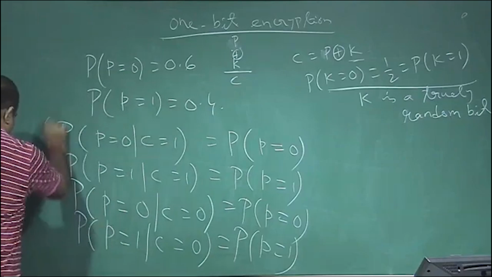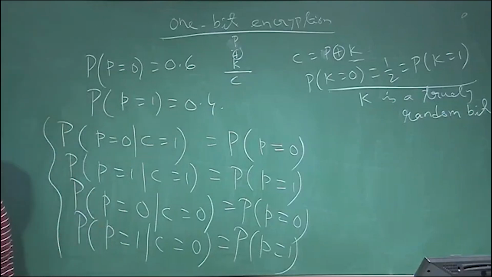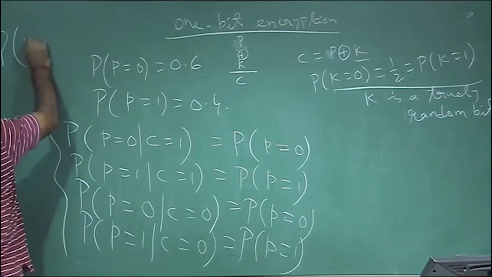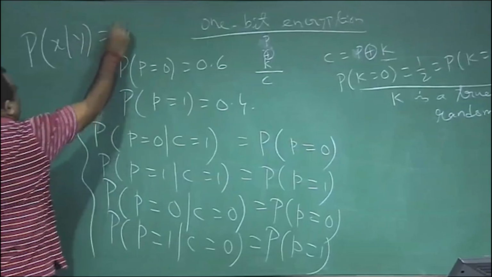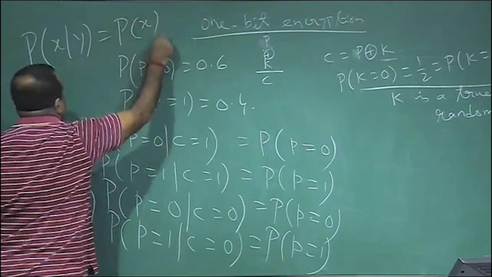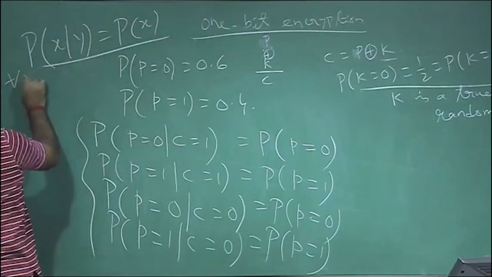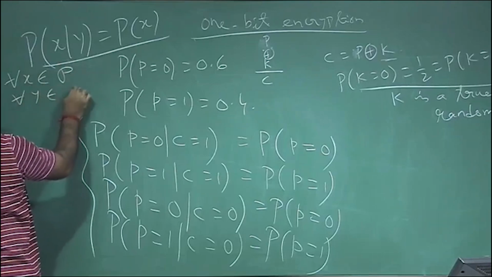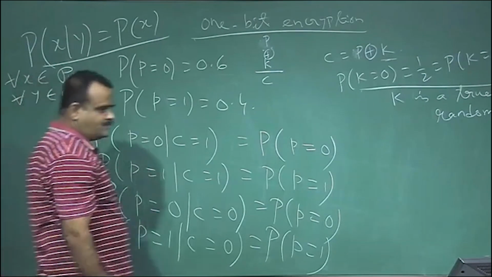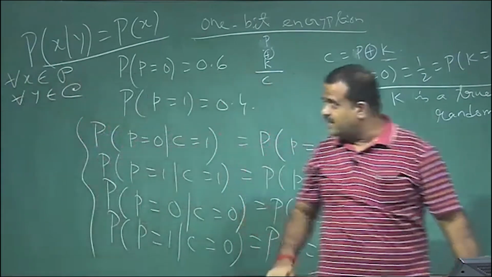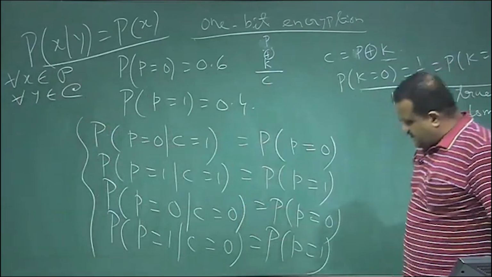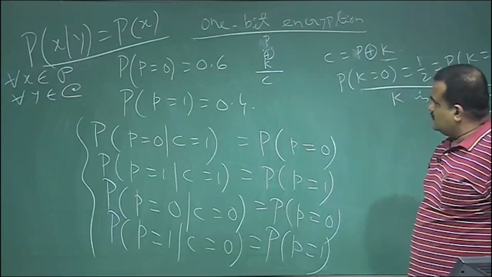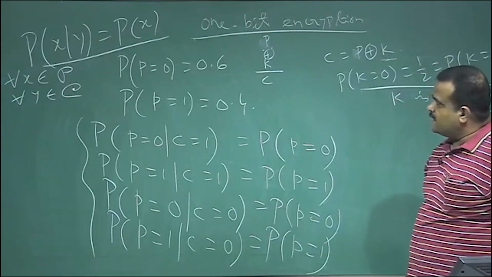If we can prove all these statements, then we can say that the probability of x given y is the probability of x, and this is true for all x from the plaintext and all y from the ciphertext. Then we say we are achieving the Shannon notion of perfect secrecy.